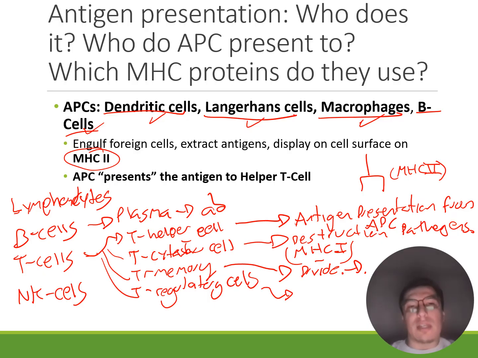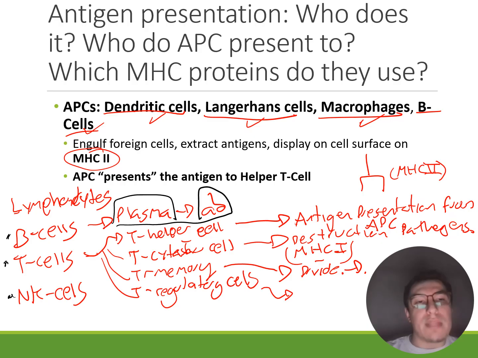Through lymphocytes. So we have three main classes. The B cell, again, is the one that creates those antibodies after it has divided into plasma cells. T cells have multiple types: T helper cells, cytotoxic, T memory, and T regulatory cells. Make sure you know the function of each one of them. Remember that T helper cells are the ones that go on to activate B cells for the production of antibodies.